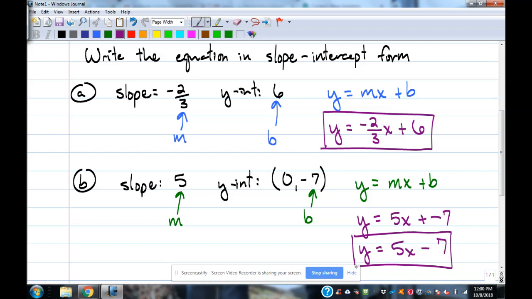That way, if you're doing it on Khan Academy, you don't want to write plus minus. If it's plus a negative, change it to a minus sign. When you're doing Khan Academy, they want you to simplify that. Adding a negative is the same as subtracting. So make sure you're doing that.